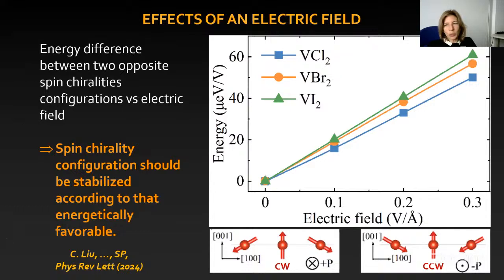Then you should be able to stabilize the clockwise spiral versus the counterclockwise spiral, which are isoenergetic if you don't have any electric field, because plus P and minus P are degenerate. But if you apply an electric field, you should be able to stabilize one or the other. And this is what we actually see.